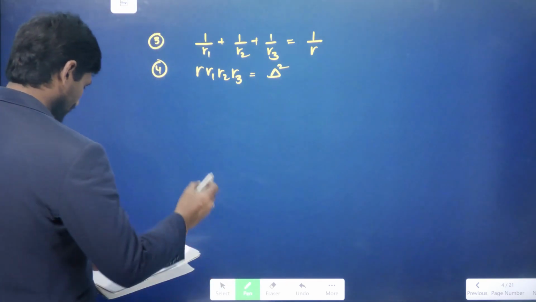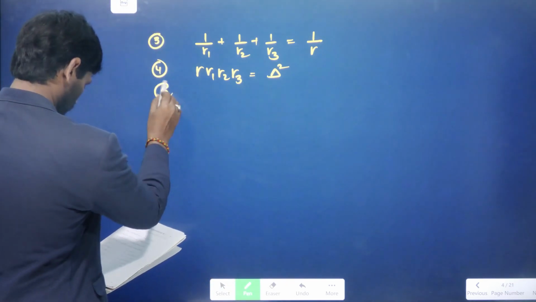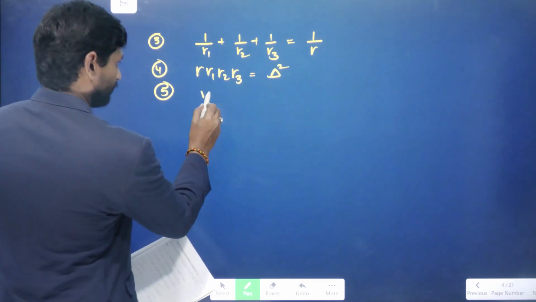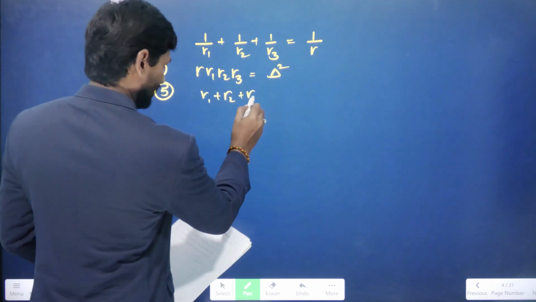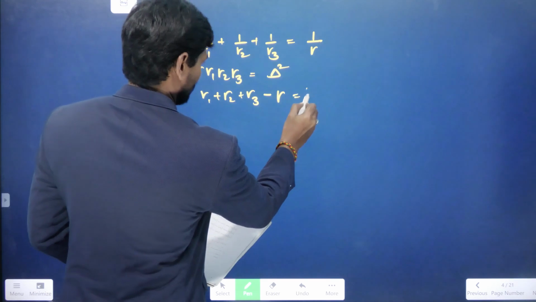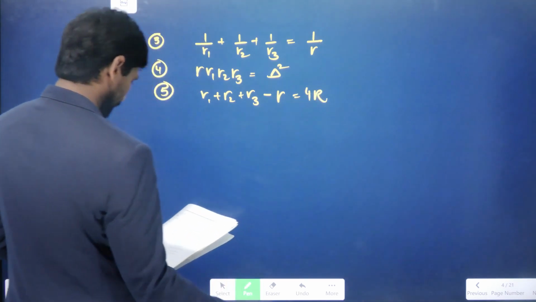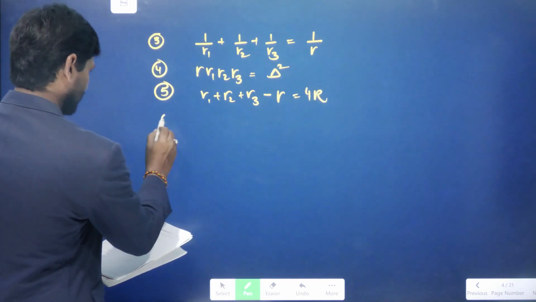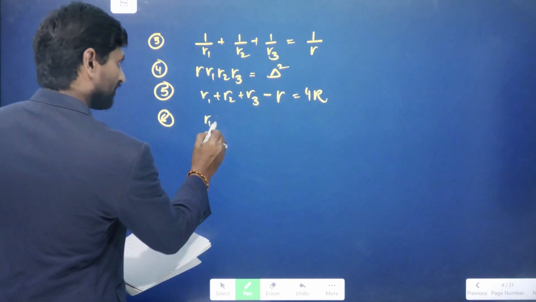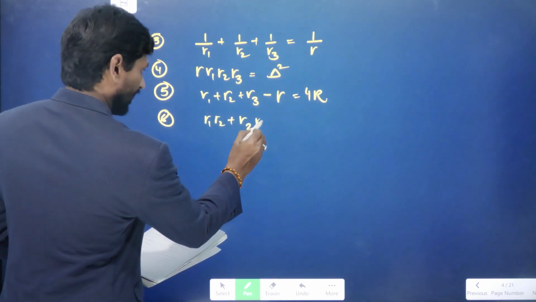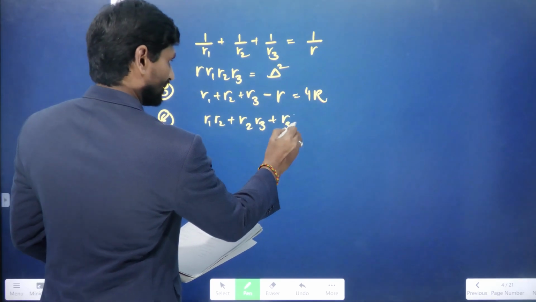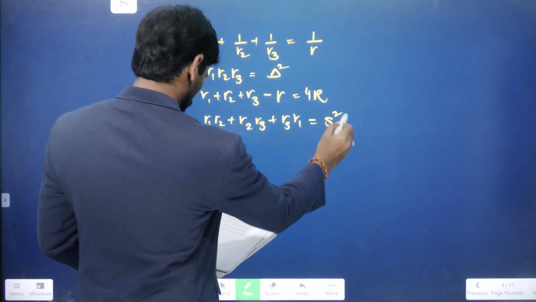Next formula: r1 plus r2 plus r3 minus r equals 4R. And in the same way, the sixth one: r1 r2 plus r2 r3 plus r3 r1 equals s square.